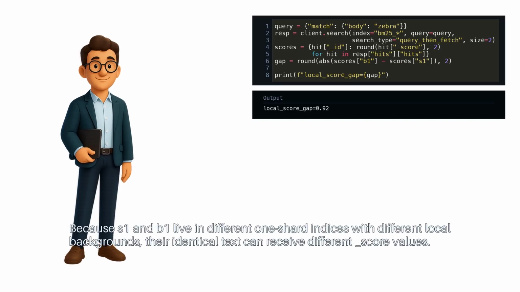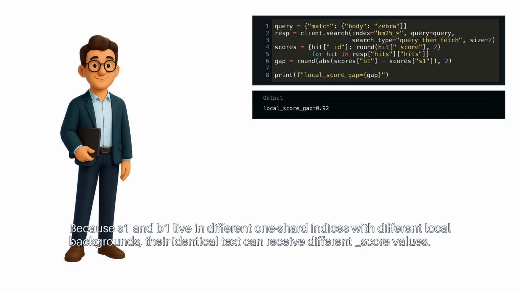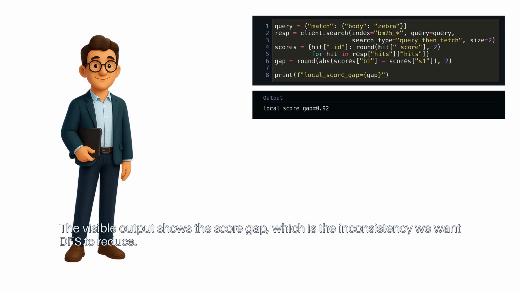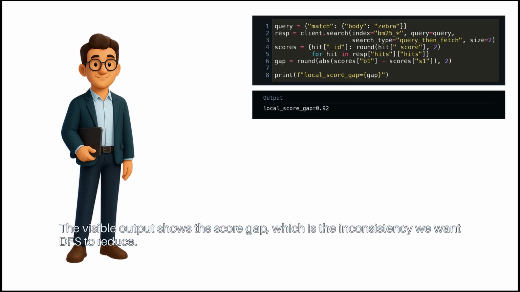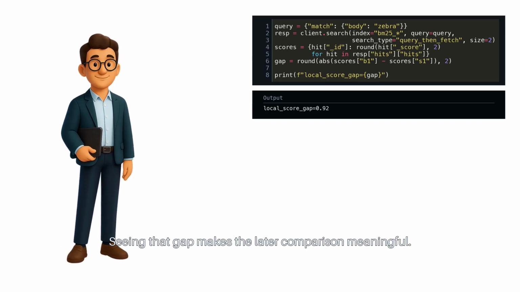Because S1 and B1 live in different one-shard indices with different local backgrounds, their identical text can receive different underscore score values. The visible output shows the score gap, which is the inconsistency we want DFS to reduce. Seeing that gap makes the later comparison meaningful.